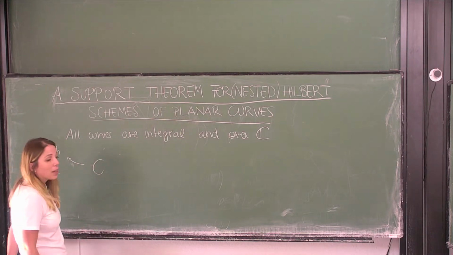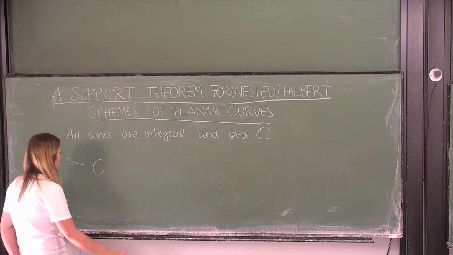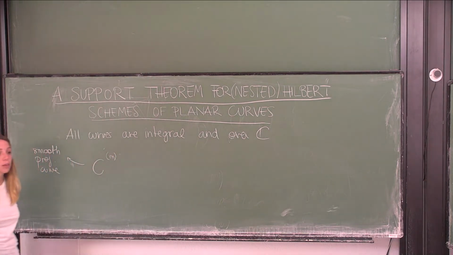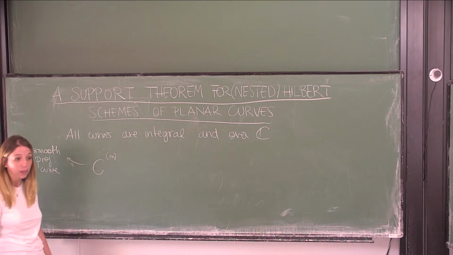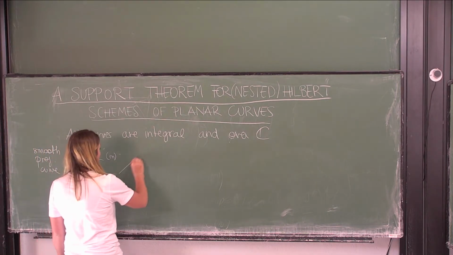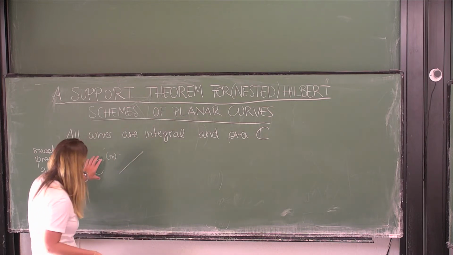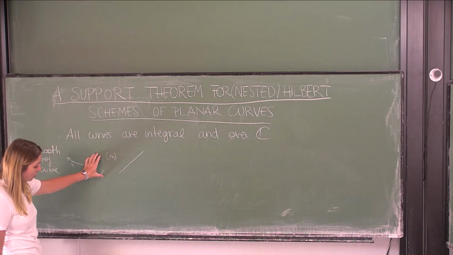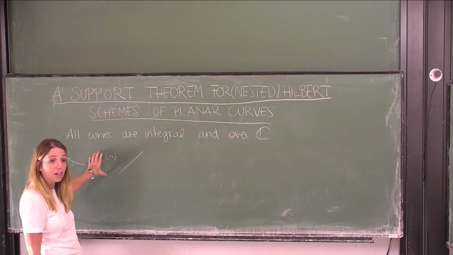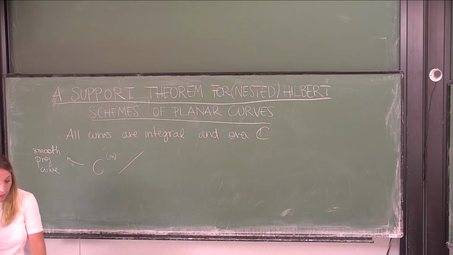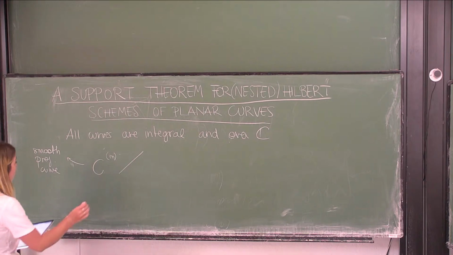If we consider this curve, we can associate to it a very familiar object, which is the symmetric product. Basically because of Newton's theorem on symmetric functions, it's a smooth projective variety of dimension n, and we can think of it in two ways.